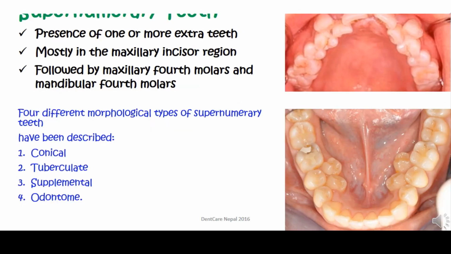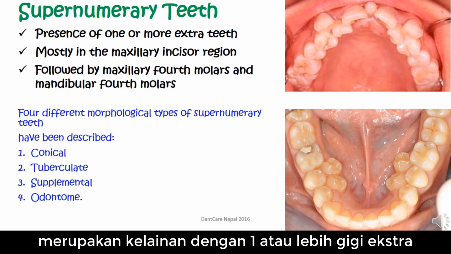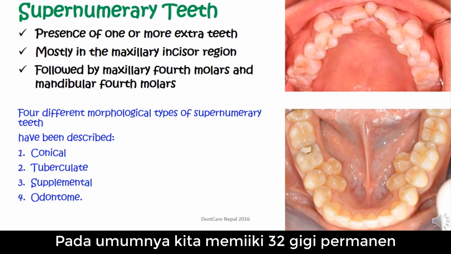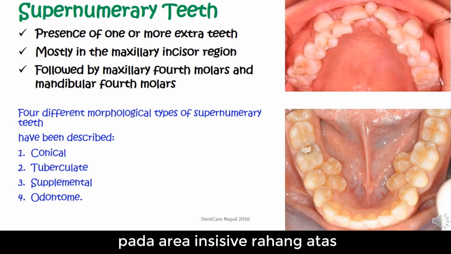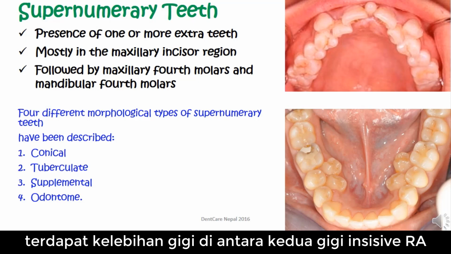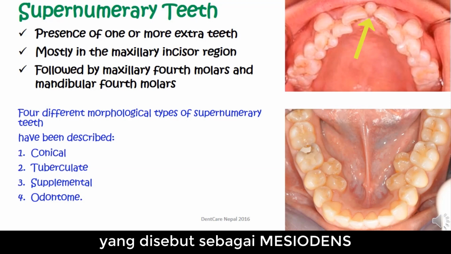Similarly, supernumerary teeth. It is the presence of one or more extra teeth. Generally, we do have 32 permanent teeth, and supernumerary teeth can be present mostly in the maxillary incisor region. As we can see in the first picture, between the two maxillary central incisors, there is a mesiodens.